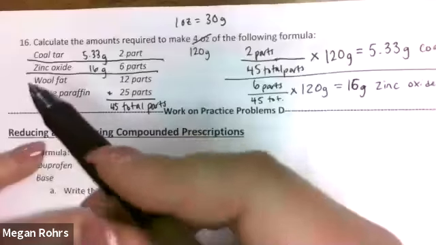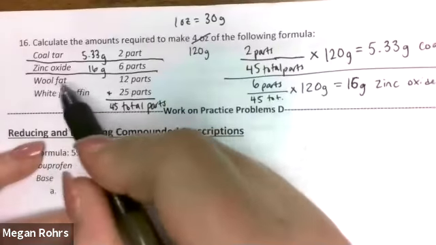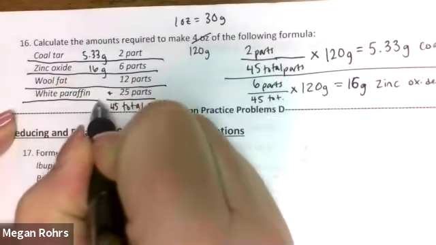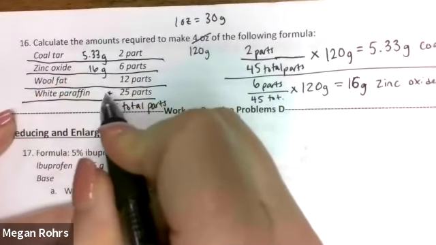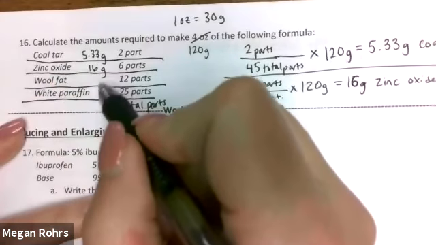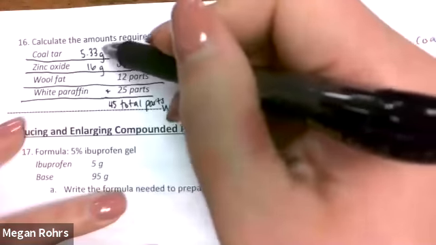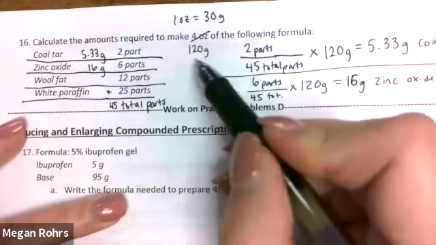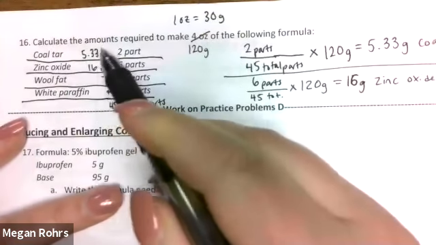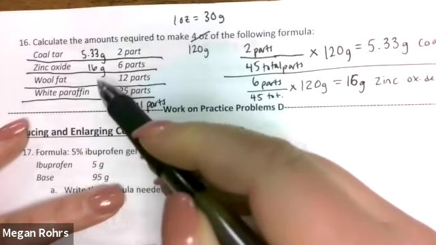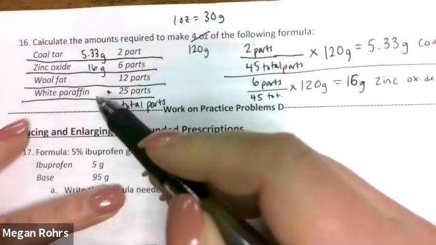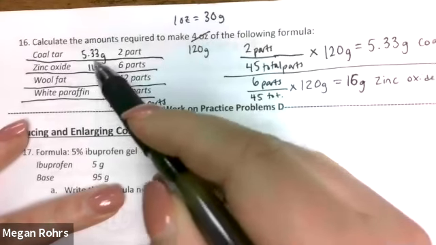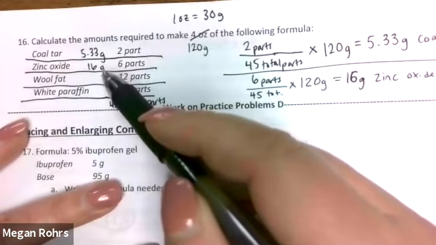So what I'd like you to do now, do the same thing for the wool fat. So solve for this one here. And then also for the paraffin. So once you solve for those two, all of these grams should add up to equal 120 grams, okay? I rounded this one to the 100th, so if you get decimals here, I would like you to also round those to the nearest 100th, unless it's like the one that we had here that was 15.999, would just round that to 16 in that case, okay?